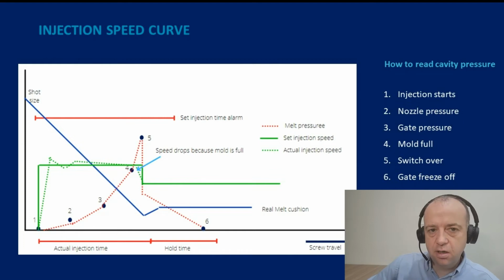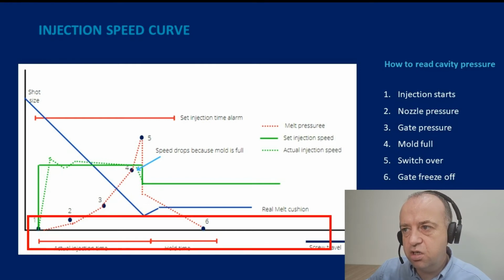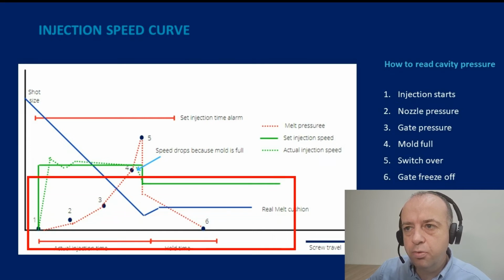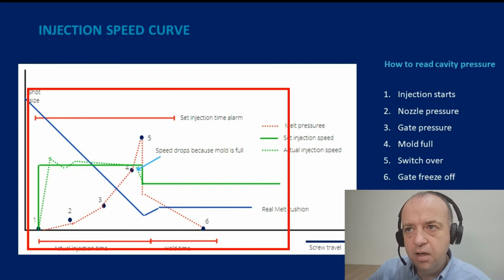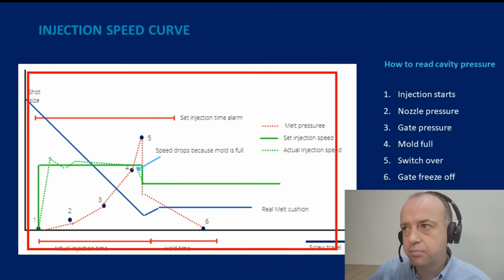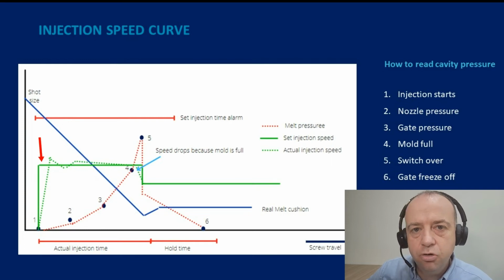Next thing you need to look at is the injection speed. Again, try to use the scale for injection time so that it incorporates the injection plus the holding on the curve. The green line represents the speed. We set a speed here, let's say it's 200 millimeters a second.